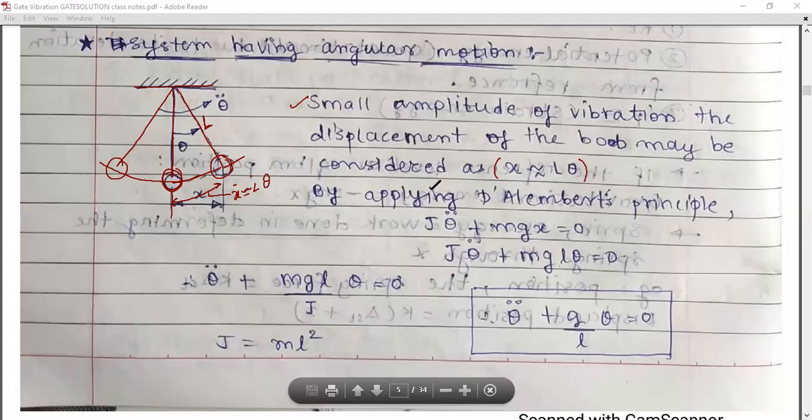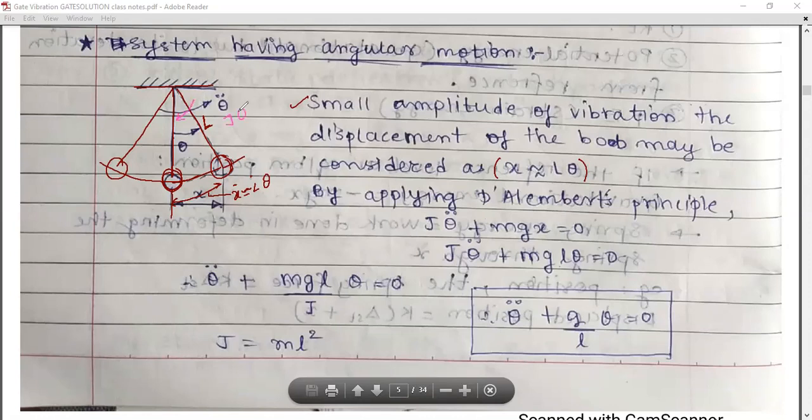So at the particular displaced position, let us understand what forces are acting. At the displaced position, we can say by D'Alembert's principle, here there will be a restoring force, which you will call the inertia force, okay?